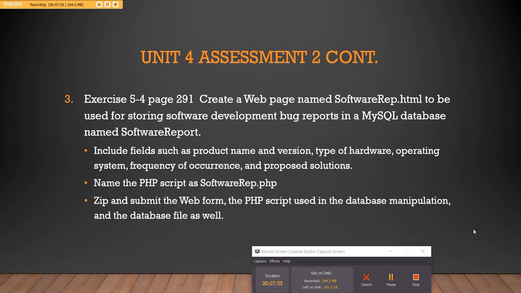And then the third one is exercise 5.4, and you're creating a web page named Software Rep to be used for storing software bug reports in a MySQL database named Software Report.